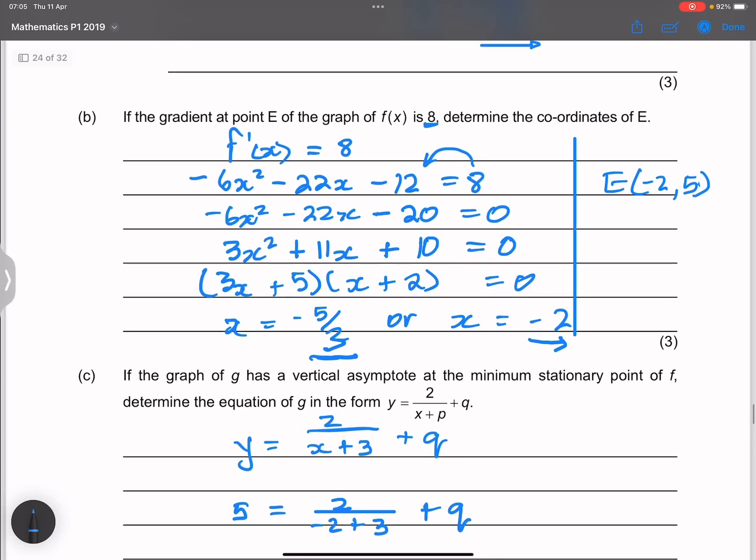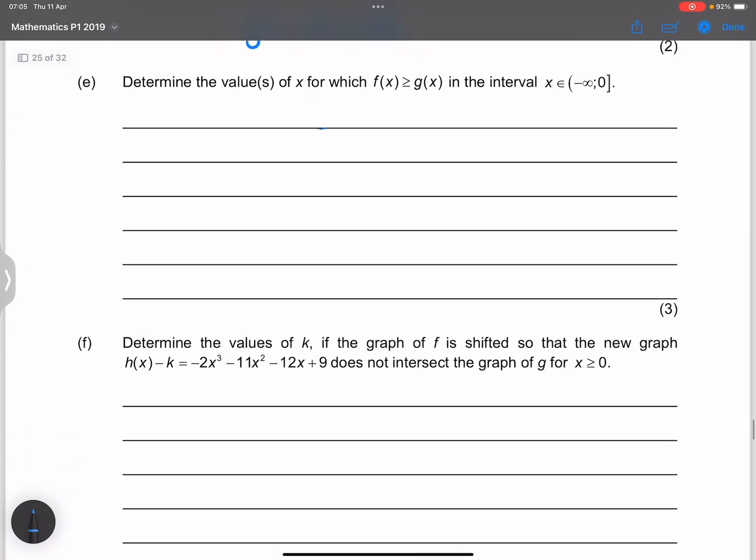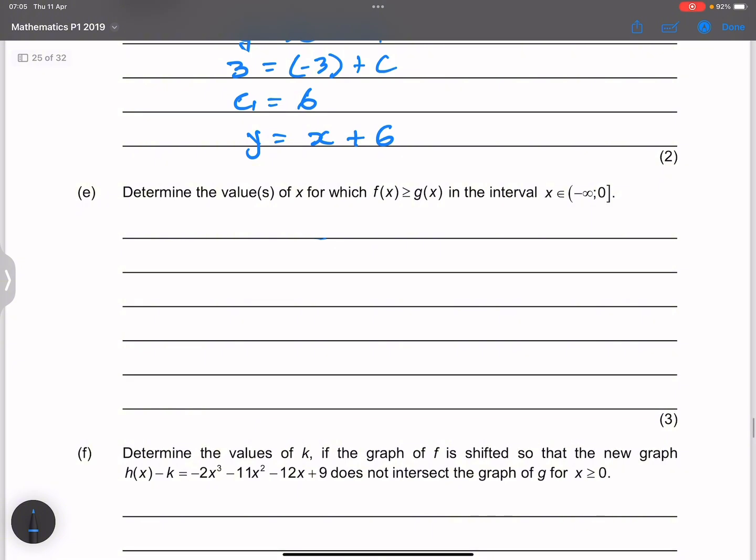So I would say, well, this is where x is an element of negative infinity, and remember we never include infinity, to negative 3. Right, so I would not include that because of the asymptote. Okay, and then also at x is, okay, we said from, was that negative 2?